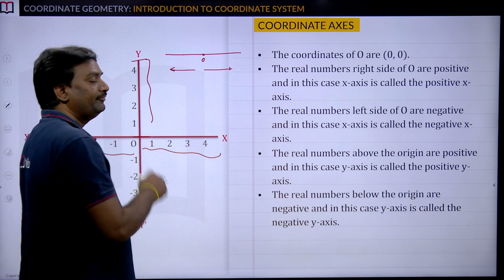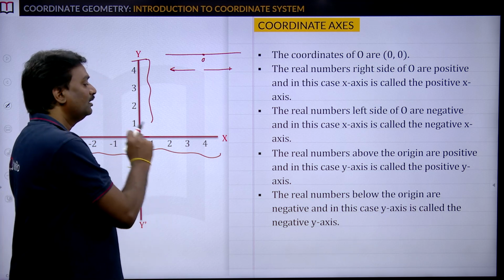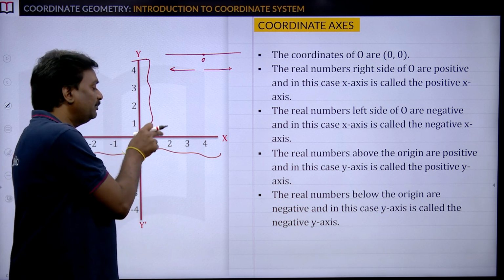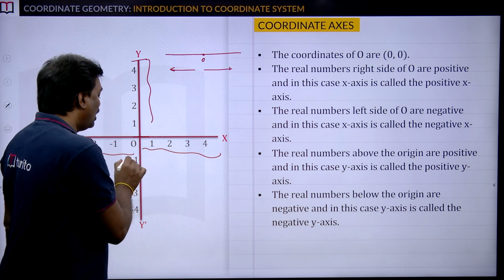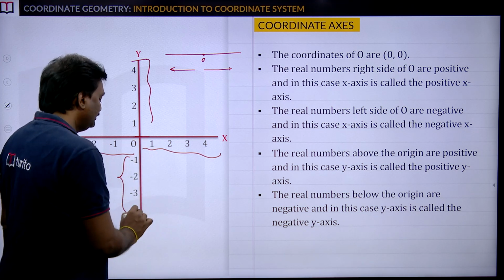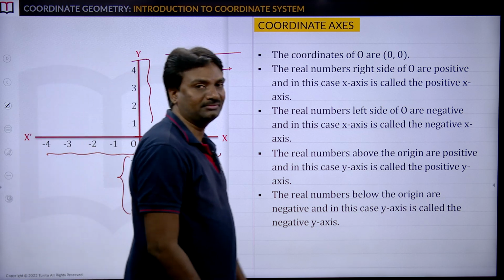Just like that, if you take the real numbers below the origin, below the x-axis, all these numbers are negative real numbers. That's why this part is known as the negative y-axis.